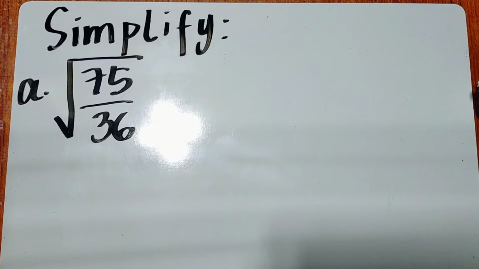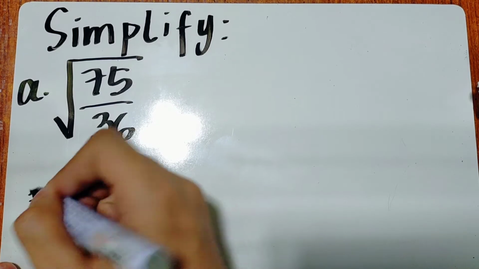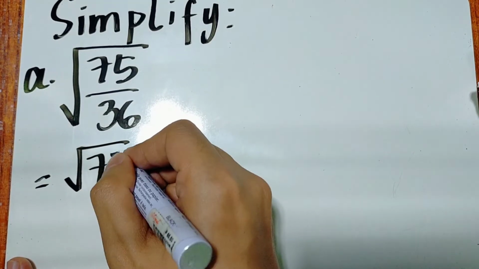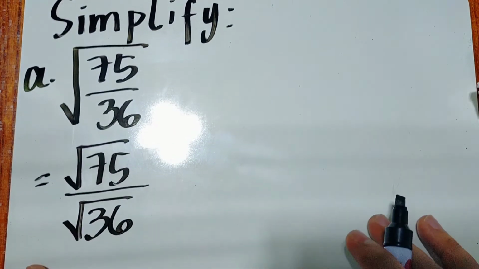Okay, for our example, let's simplify this given. For letter A, we have the square root of 75 over 36. So, ang una natin gagawin is paghiwalay natin silang dalawa. So, this will become the square root of 75 over the square root of 36.